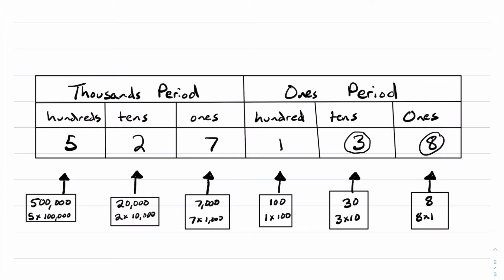The 3 is in the tens place, so we're going to do 3 times 10, which is 30, to give it a value of 30. Maybe I write these here. Its value is 8. We have our value of 30. There's a 1 in the hundreds place, so we're going to do 1 times 100, and it's going to give us a value of 100.